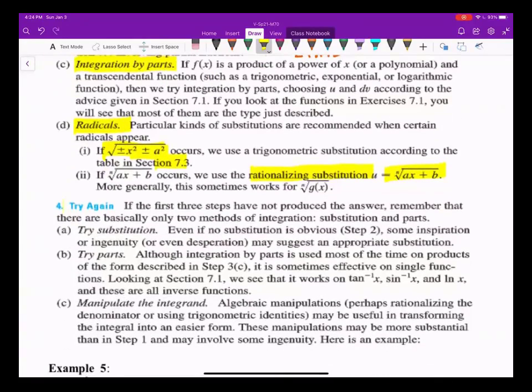If none of them lead to a solution, then try again. If the first three steps have not produced the answer, then there are basically only two methods of integration: substitution and by parts. Try substitution, and then try by parts. And sometimes you may have to manipulate the integrand, meaning rationalizing the numerator or denominator might also help.